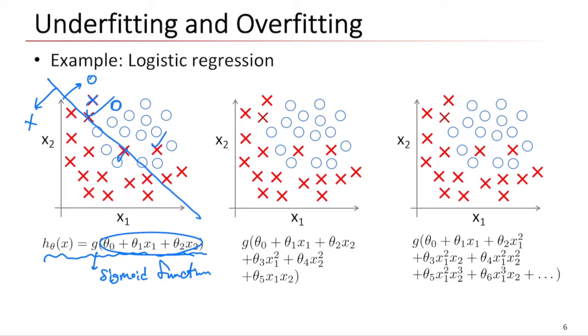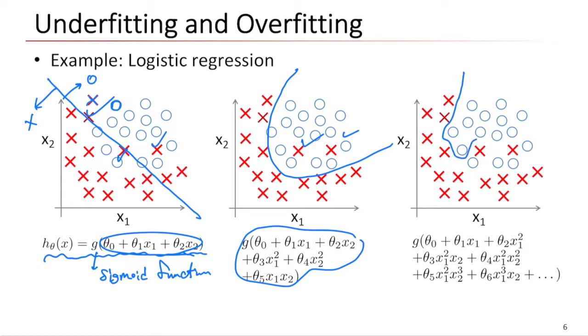So if we use a much higher dimensional one, we can find a more proper decision boundary like this. But still there are errors here. Then if we use a much higher dimensional boundary like this, we can find a solution, something like that.